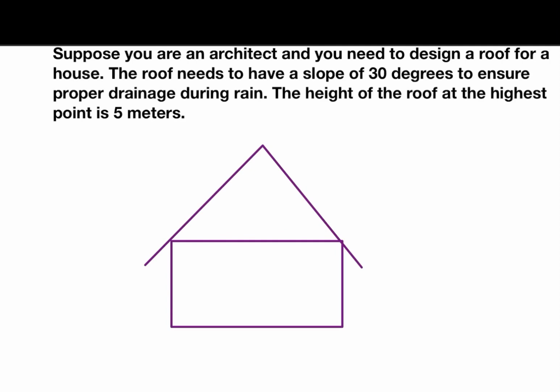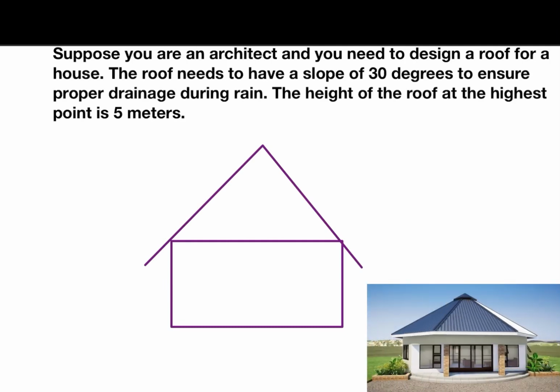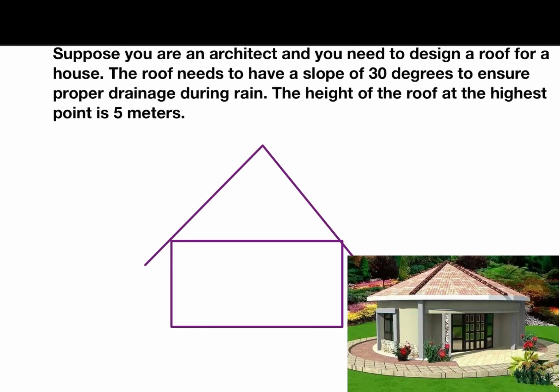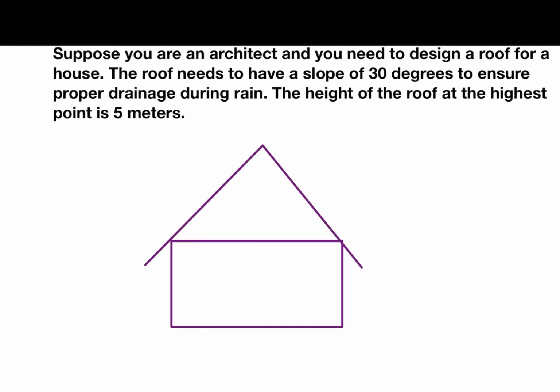So let's say you are an architect, and you are designing a roundabout, and what you want from this design is to make sure that the roof gives you that 30 degrees angle, so that if it rains, there is drainage during rain, right?